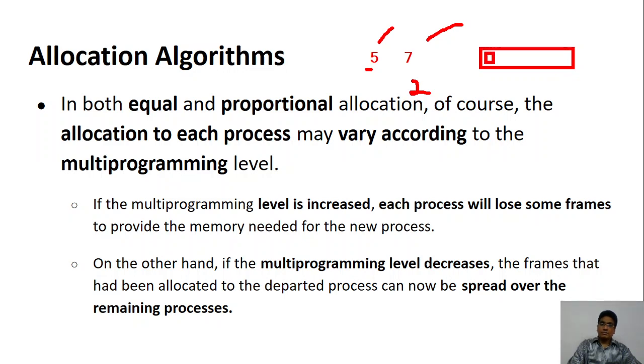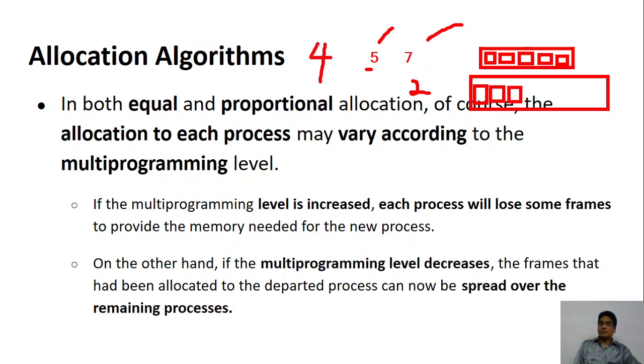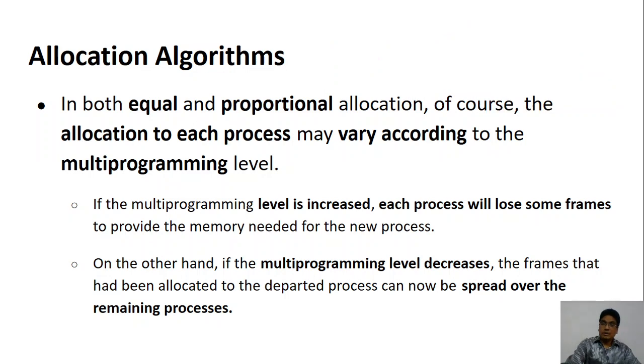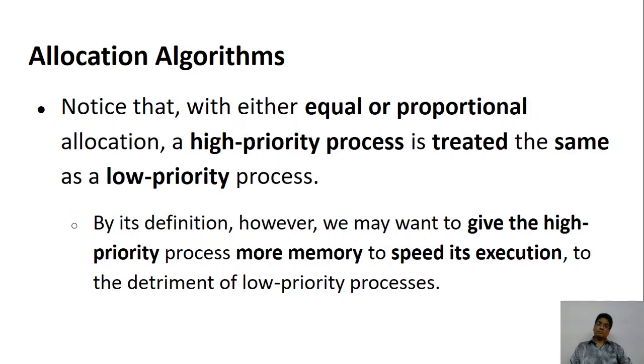So when it was 5 processes, you might have given a sufficiently good amount of memory, but when it is 7, everybody may get slightly fewer frames. And again if it is reduced to 4, they may get slightly more. So depending upon the number of programs running, that is the level of multi-programming, you may either increase or decrease the number of frames given to a particular process.